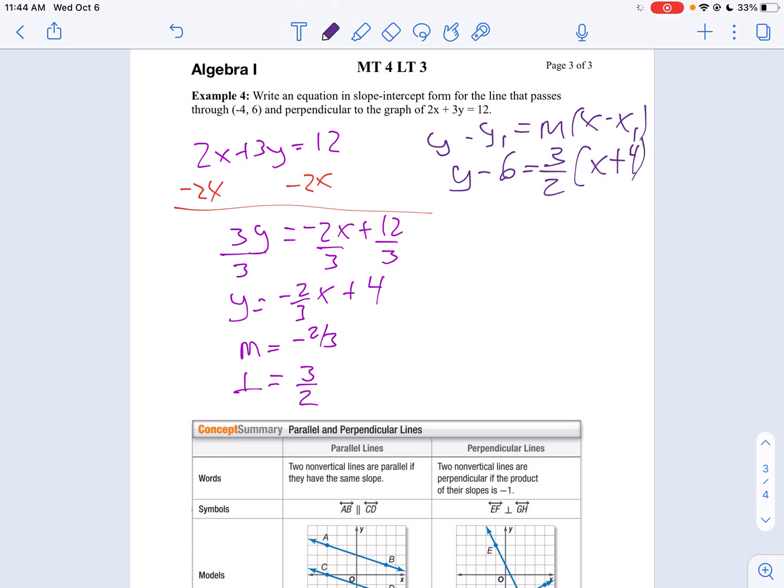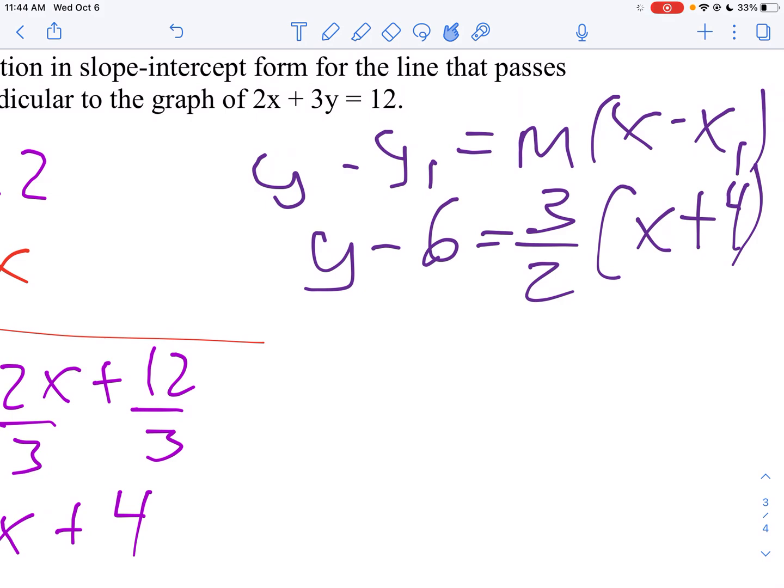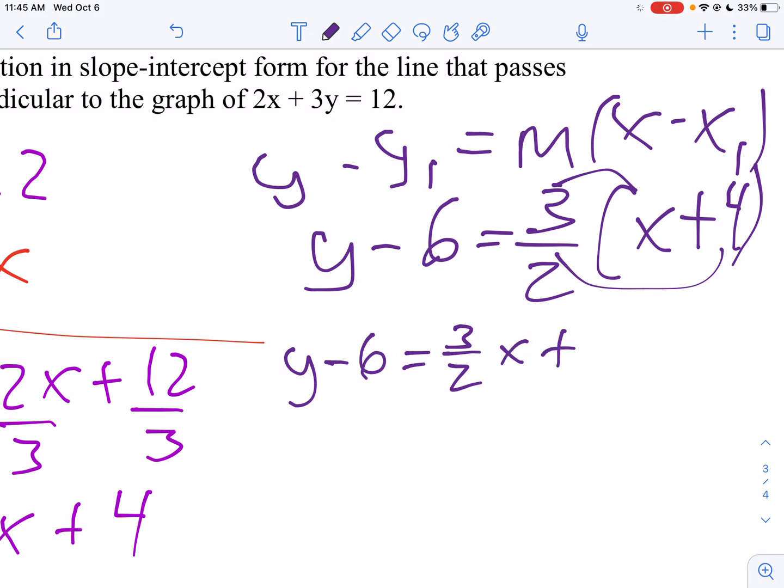Now we want to get y by itself. So I'm going to distribute my 3/2 inside the parentheses. So we get y minus 6 equals 3 over 2x plus, 2 goes into 4 twice, and 2 times 3 is 6.